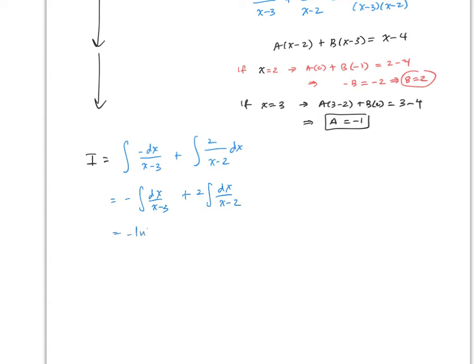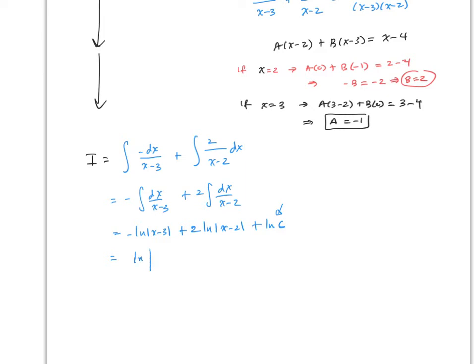So this will be minus ln of x minus 3, and this will be plus 2 ln of x minus 2, and then ln of C. You can always do this for a constant. Since this is negative, technically you can write it as a division of logs.